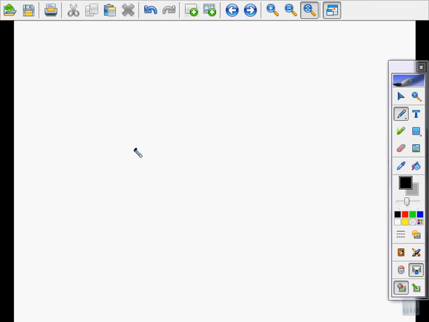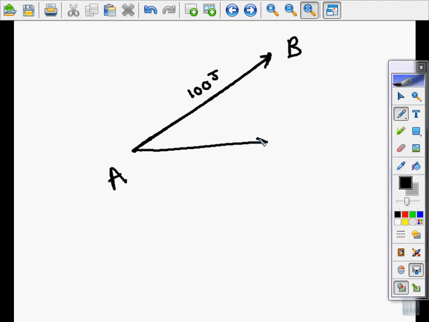If you have 2 points, point A and point B, and the work done by a force to go straight there is, say, 100 joules, and then instead of moving directly from A to B, you move the object through a different path, maybe you slide the object over here, and then you slide the object up.